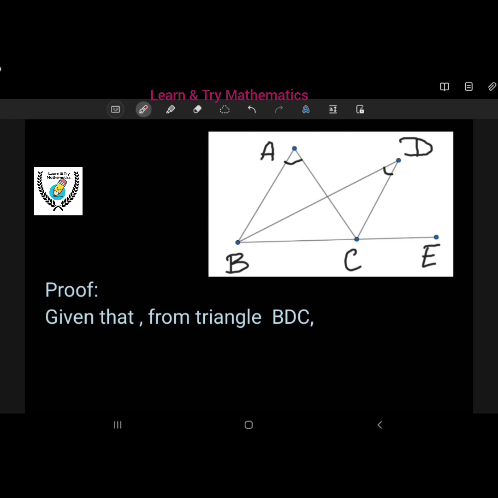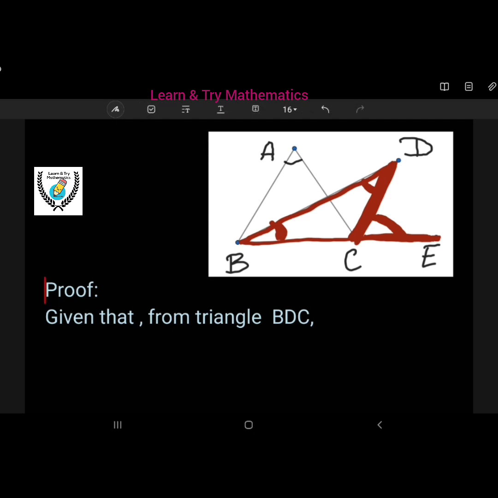Again, it is given that for the triangle BDC, here DCE is an exterior angle. The value of this exterior angle is equal to the sum of the two opposite interior angles. By theorem we know that the value of exterior angle DCE is equal to the sum of the opposite two interior angles.